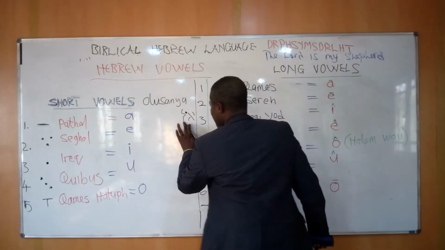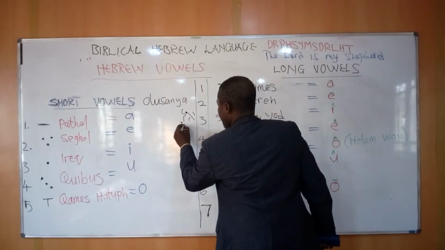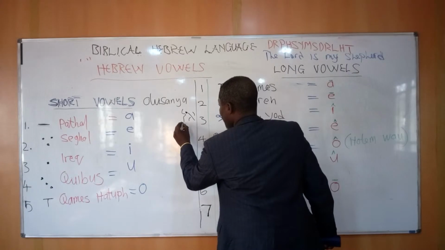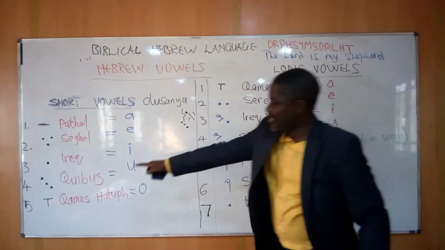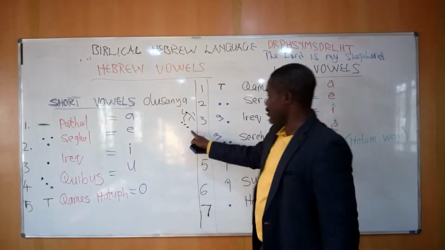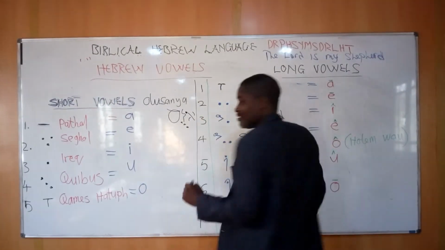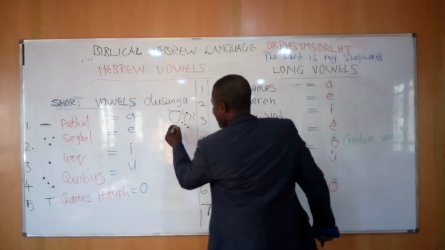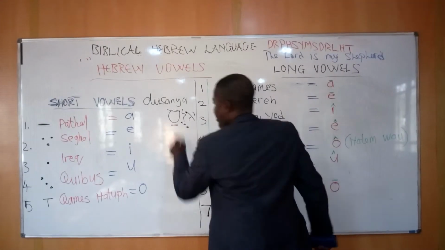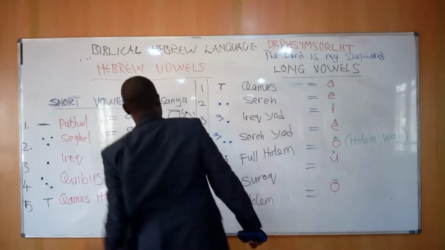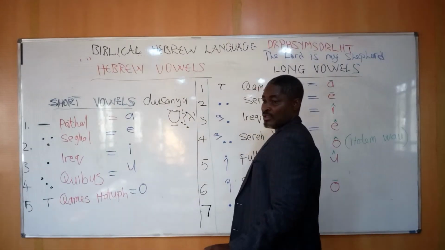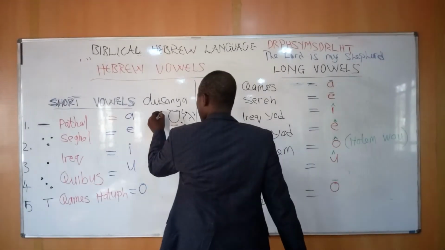Then you can use, can you see that? Kibbutz, which is a U. Then you have an S, samekh. Then you put a patah, olusonya, which is an A. Then the nun.